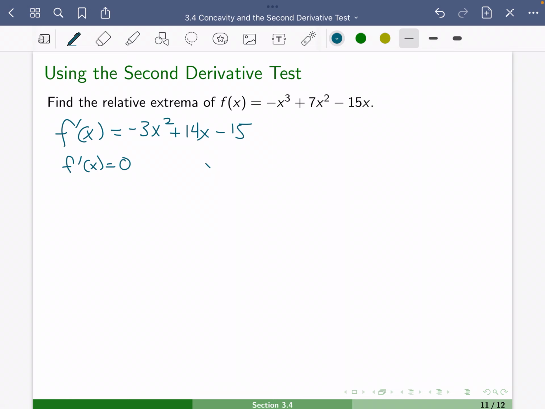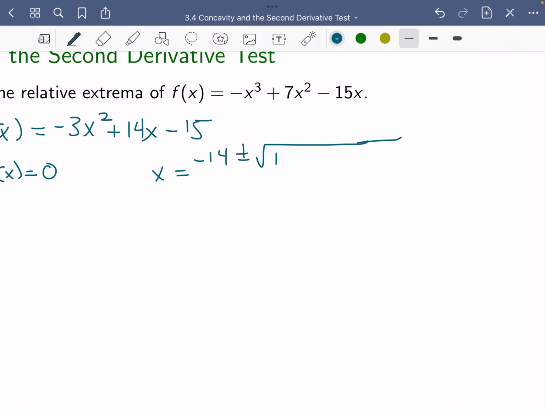So x is negative 14 plus or minus the square root of 14 squared minus 4 times negative 3 times negative 15, all over 2 times negative 3.